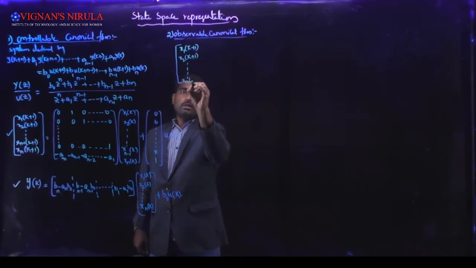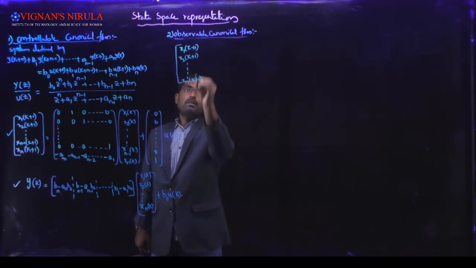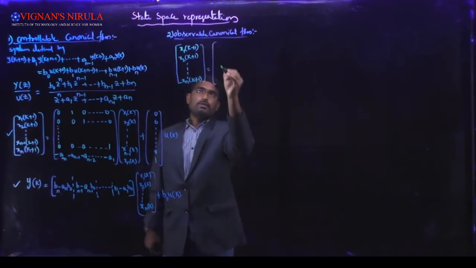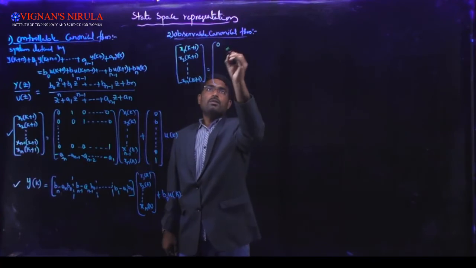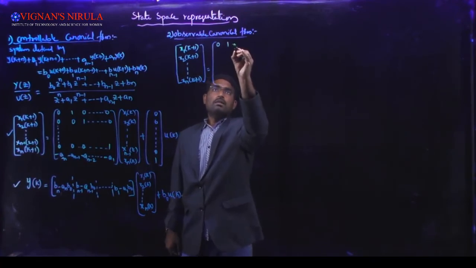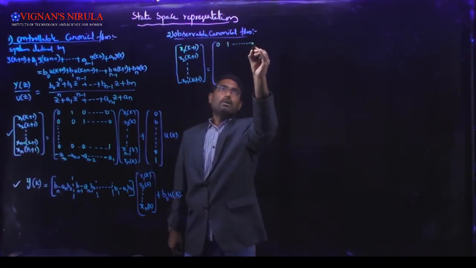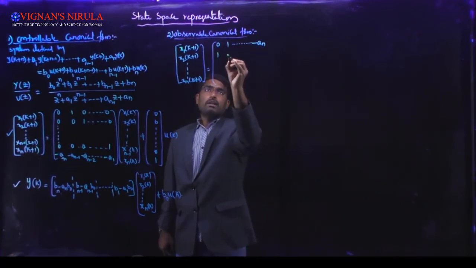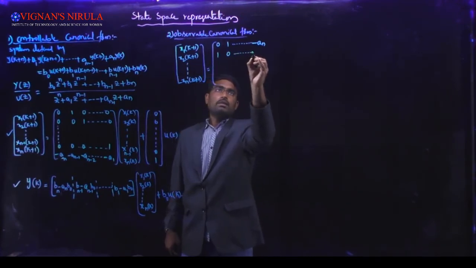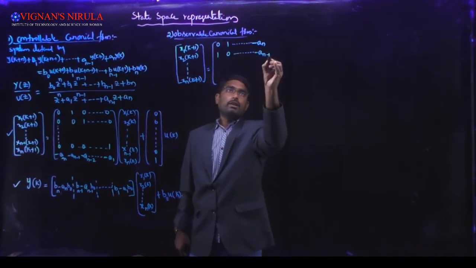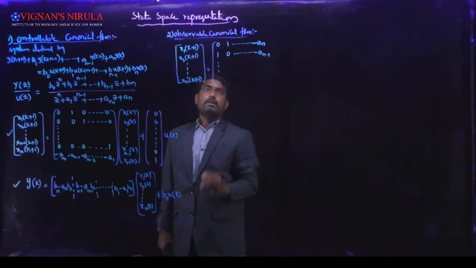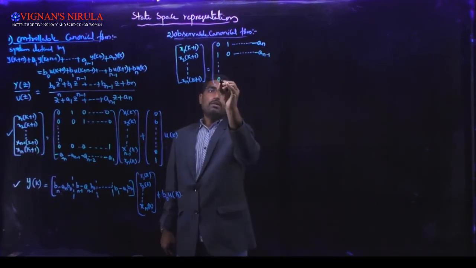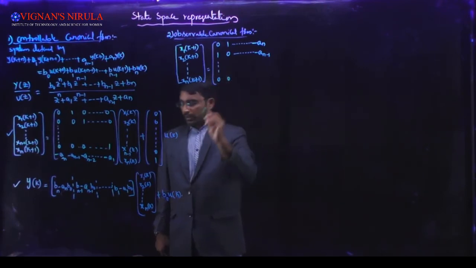The state matrix first column becomes minus an, minus an minus 1, and so on, and the first row is 0, 1 and so on, with the last row being 0, 0 and so on.